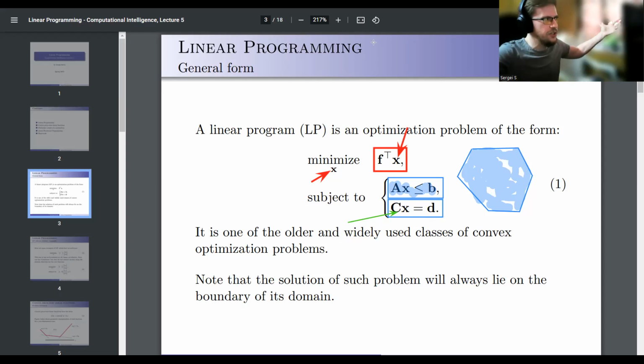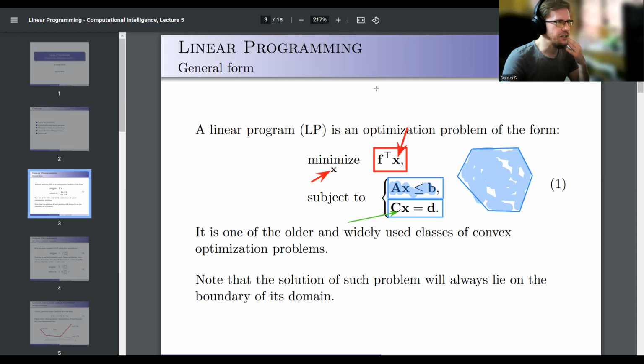Basically, it is something like a plane, but the dimensionality of the plane depends on the null space of C, and the dimensionality of the space in which the plane operates depends on the dimensionality of X. So if X is 4-dimensional and the null space of C is 2-dimensional, it will be a 2D plane in 4-dimensional space, for example. I'm doing this a little bit off the top of my head, so please don't mind if I make a mistake computing dimensions somewhere. All right. So this is a hyperplane.